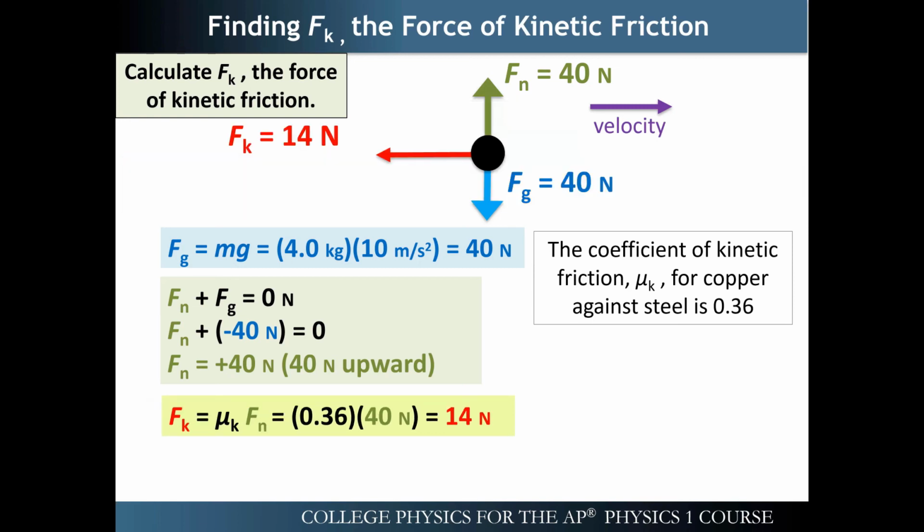All right. So if we think about this, we've basically changed this problem into this free body diagram, right? We've got our 40 Newton weight force down, our 40 Newton force upward for normal force, and we've got our 14 Newton force backward. What we're saying here is this object was given a good shove, and now it's just been sliding along the table, the steel sliding along the copper.